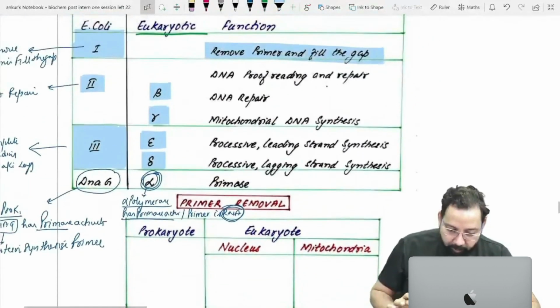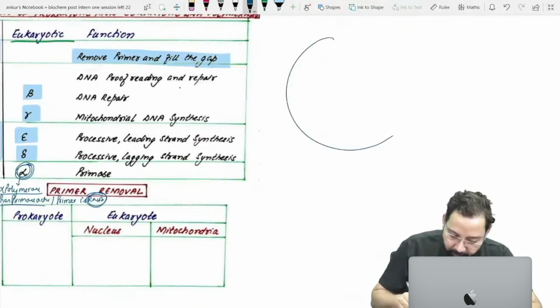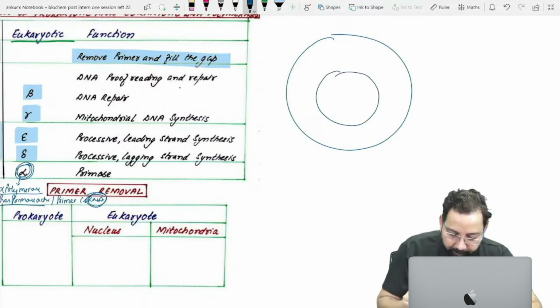Now, in eukaryotes, mitochondria is there. In mitochondria, there is double-stranded circular DNA.